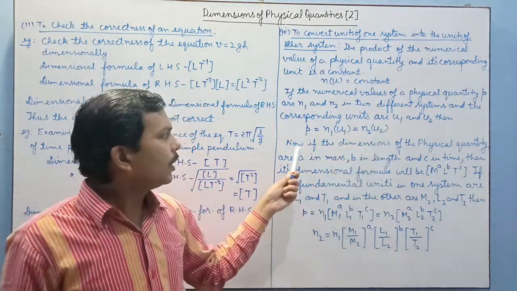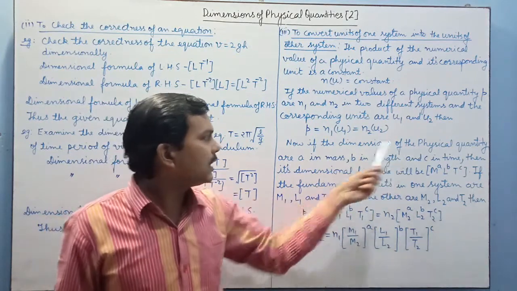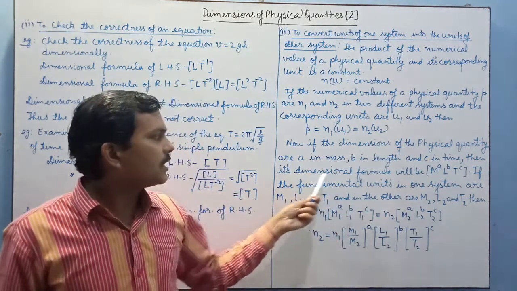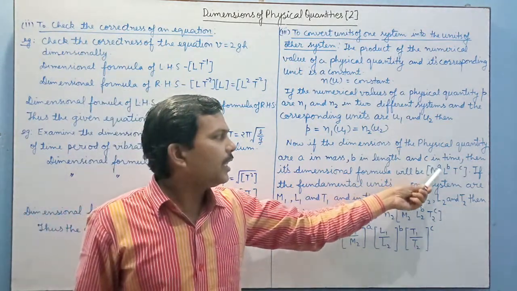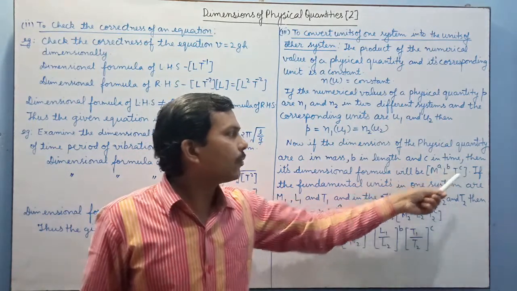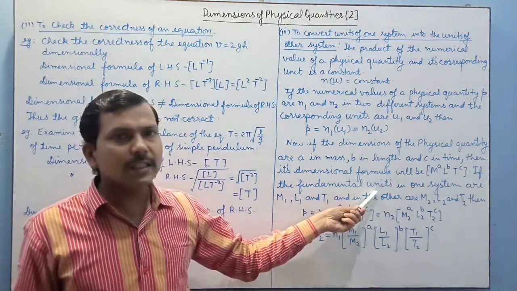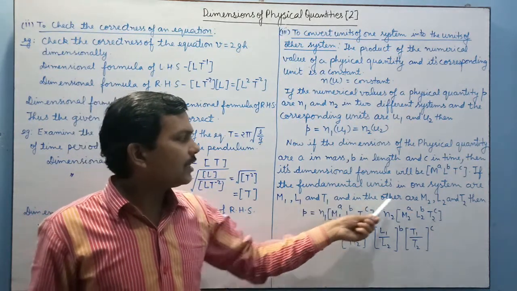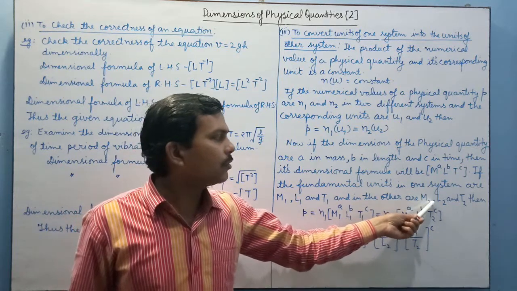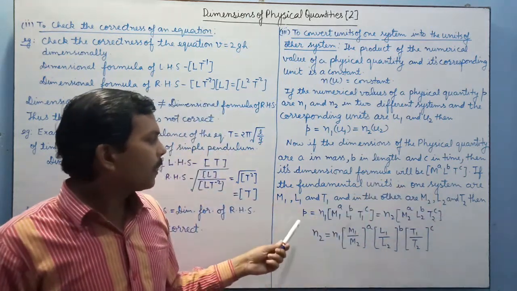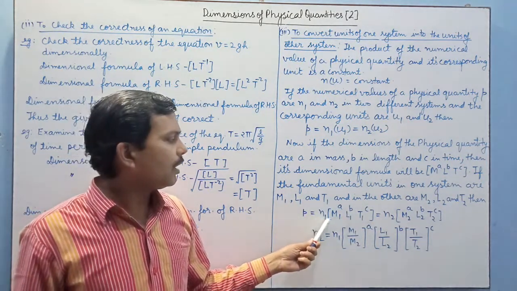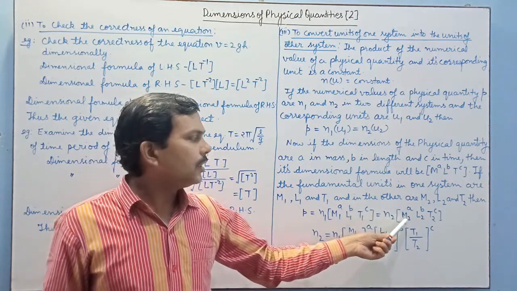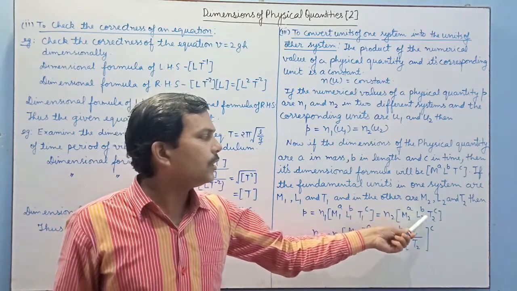Now if the dimensions of the physical quantity are a in mass, b in length and c in time, then its dimensional formula will be M^a L^b T^c. If the fundamental units in one system are M1, L1 and T1, and in the other system are M2, L2 and T2, then P = n1 M1^a L1^b T1^c = n2 M2^a L2^b T2^c.